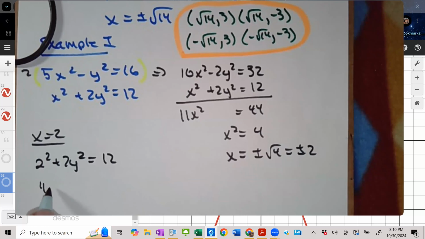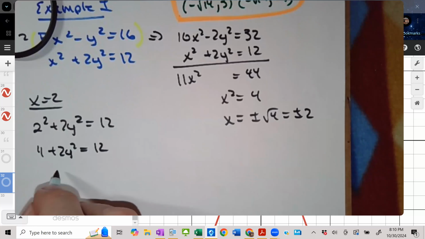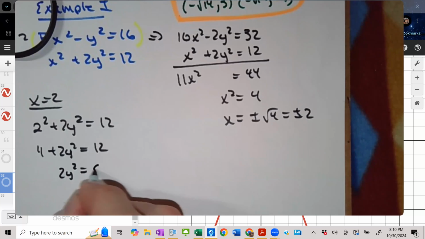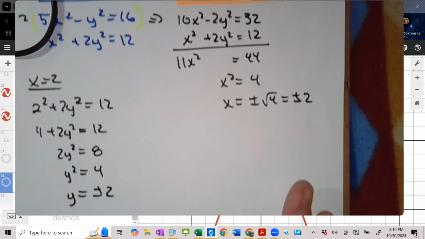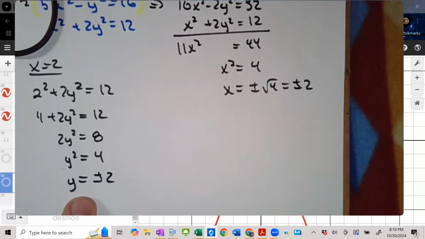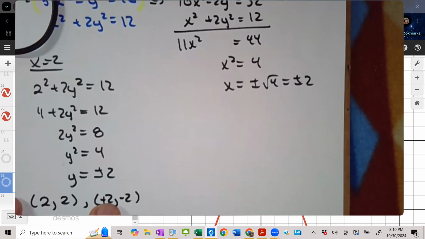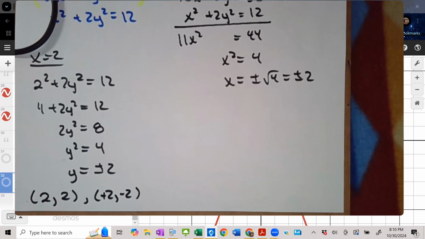So 4 plus 2y squared equals 12. 2y squared equals 8. y squared equals 4. So y equals plus or minus 2. So you get two solutions from this. That would be x equal 2, y equal 2, and x equal positive 2, y equal negative 2. So we get both solutions for x equal 2.